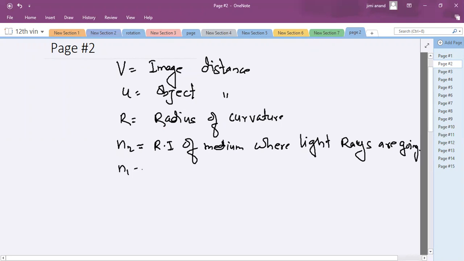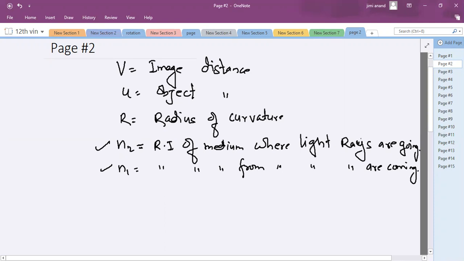N1, then what is N1? Refractive index of the medium from where light rays are coming. So mug up this formula like this. This will help you to solve problems.